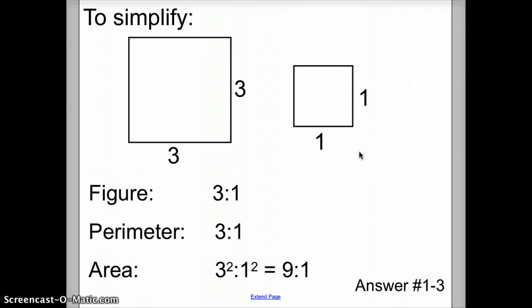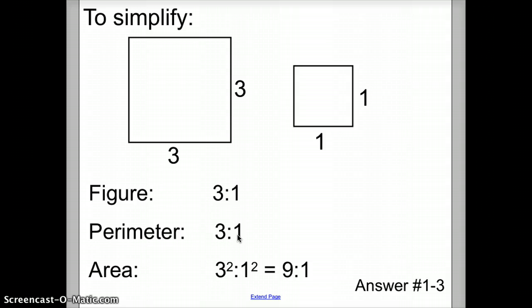The ratio of their areas is simply taking the ratio that we had and squaring it. 3 squared is 9. 1 squared is 1. The area of the larger figure is 9. The area of the smaller figure is 1. And so their ratio is 9 to 1 in comparison to the ratio of the figure and their perimeters.